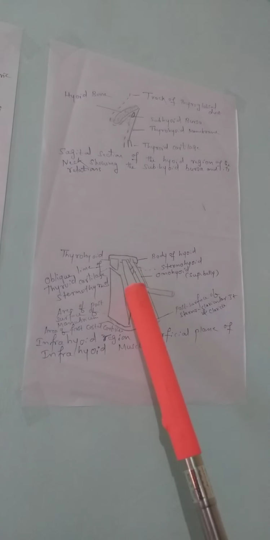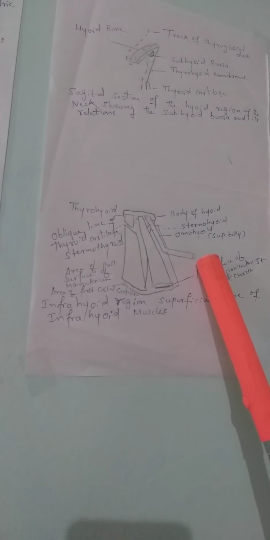These infrahyoid muscles, sternothyroid, thyrohyoid, omohyoid and sternohyoid, are all supplied by the ansa cervicalis.